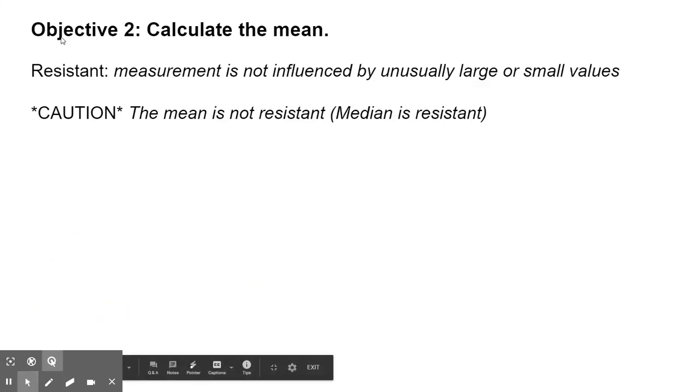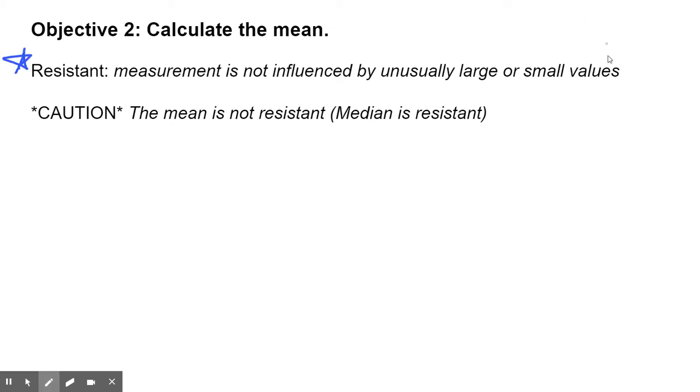Well, this is a very important slide right here. So, pay close attention. This idea of resistant is very, very important. A measurement is resistant if it is not influenced by unusually large or small values. Of course, we know those values to be outliers. So notice in the last problem, the mean changed when we had the large value included and removed.